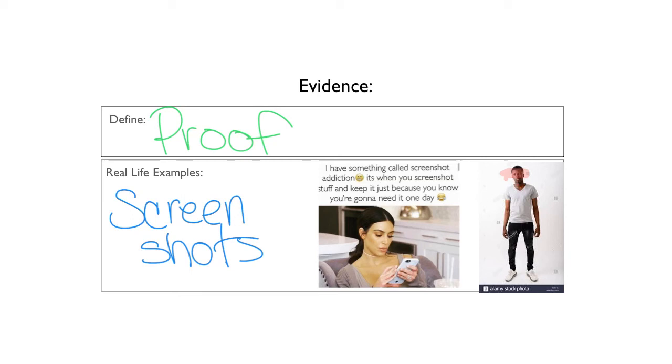That could also be, in a murder mystery, a murder weapon. There's fingerprints. Those are all evidence, the proof that what you're saying is true. So evidence is arguably the most important claim tester, but it's not the only one we need to paint a full picture and to really check out a claim that someone is making.